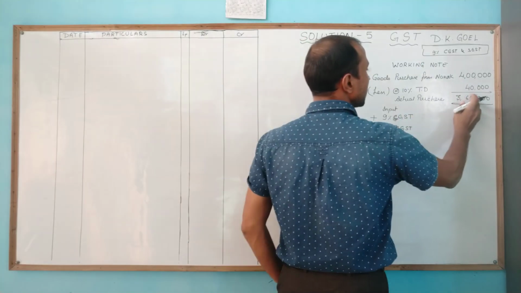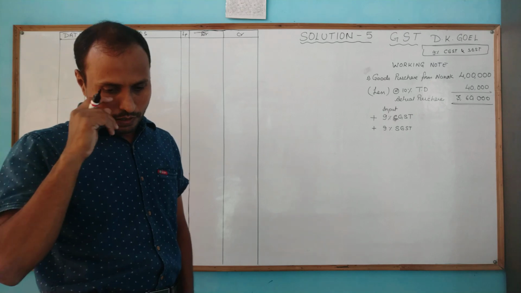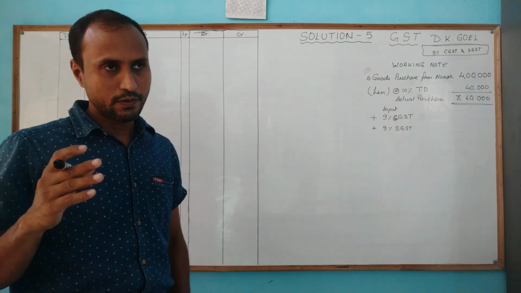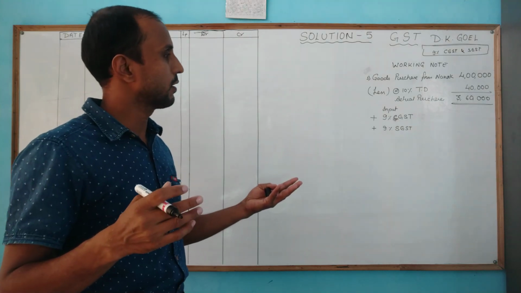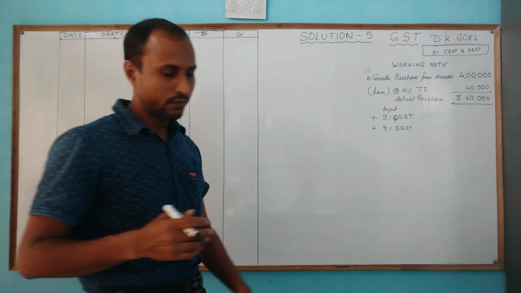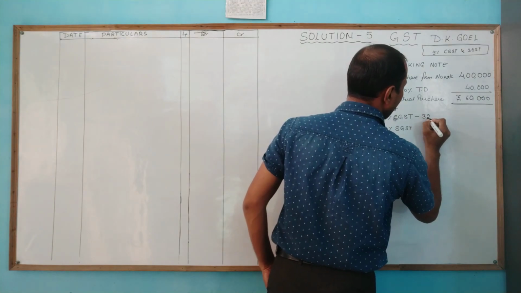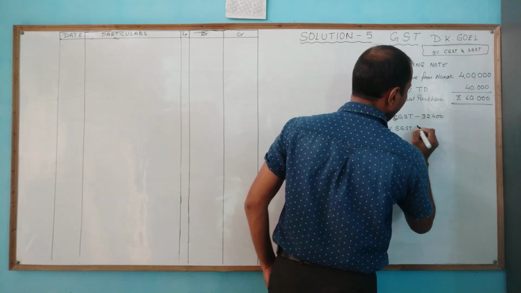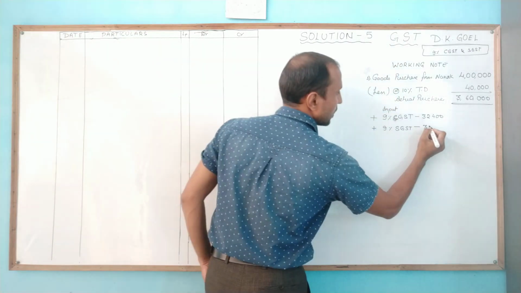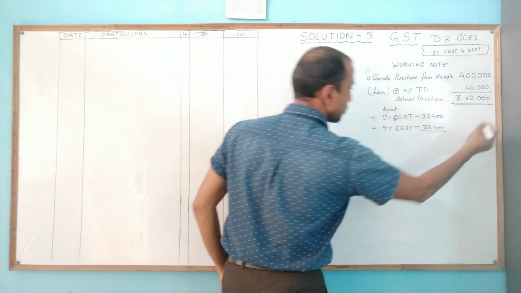So 36 into 9: 9 6s are 54, and again 9 3s are 27, 28, 29, 30, 31, 32. So it will be 32,400. Again this will be 32,400. So the total I am going to shift over there.